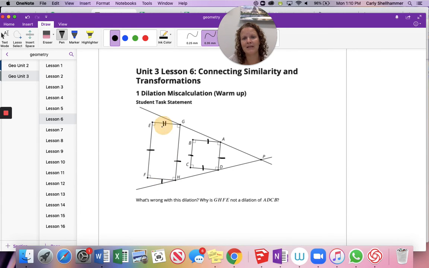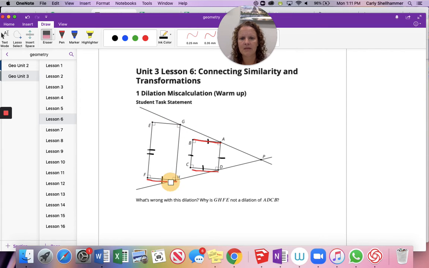You could maybe say that those are congruent, but these are not. Let me erase all of that stuff.